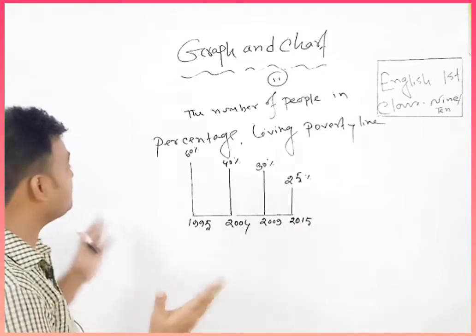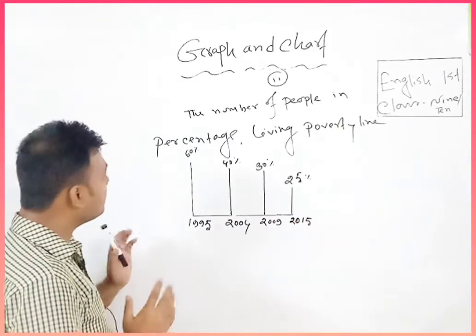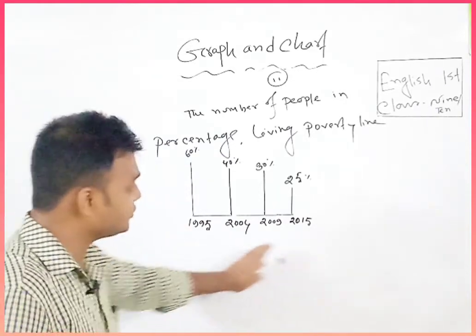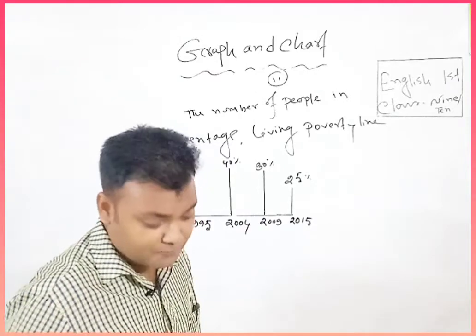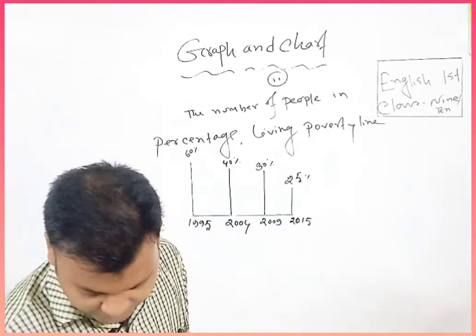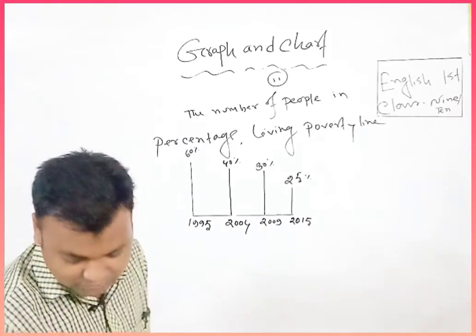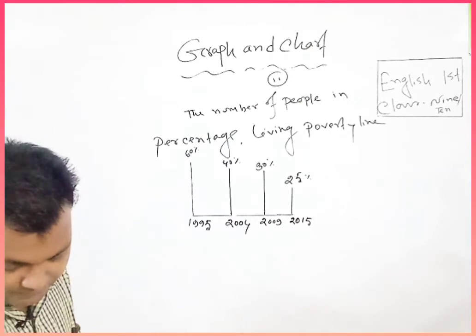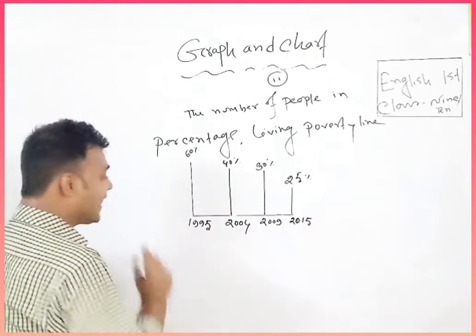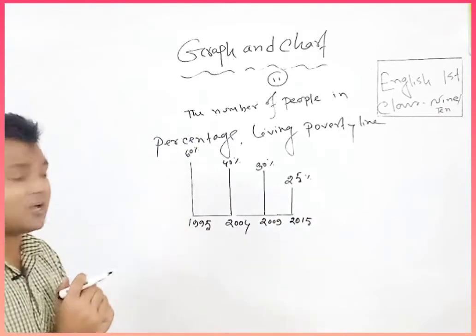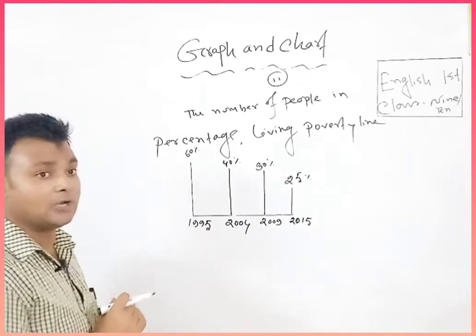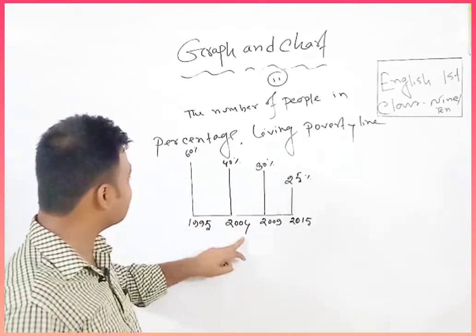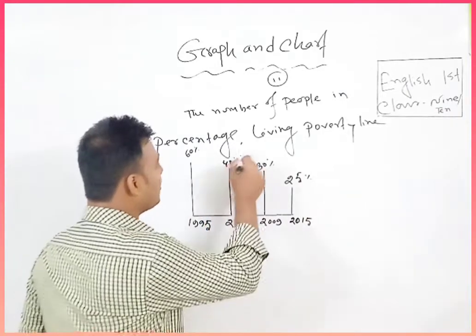From this graph we have seen the percentage of people living below the poverty line from 1995 to 2015. In the bar chart, in 1995 the percentage of people living below the poverty line was 60%, and in 2004 the percentage was decreasing, which was 40%.